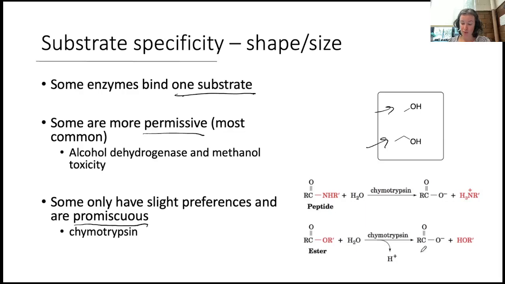Chymotrypsin can perform a hydrolysis reaction on this peptide bond, this bond between a carbon and a nitrogen, but it can also perform a hydrolysis reaction on this ester bond between carbon and oxygen. So even though these are quite different substrates, this enzyme is promiscuous and can bind them both.